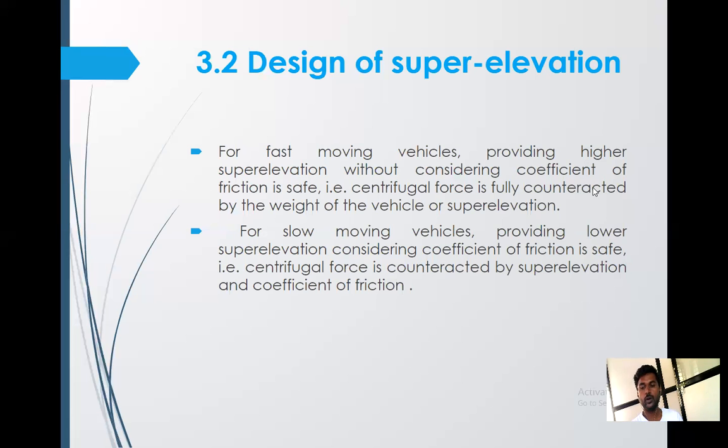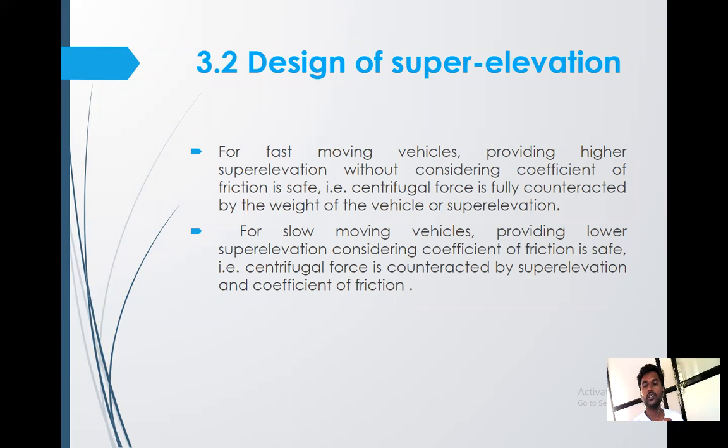As we have seen, whenever we are moving on the curved portion, the centrifugal force will act in the radially outward direction. Means it tends the vehicle to overturn. But if we provide proper frictional resistance between the tire and the road, and maintain the elevation such that its component of the weight of the vehicle will counteract the centrifugal force.